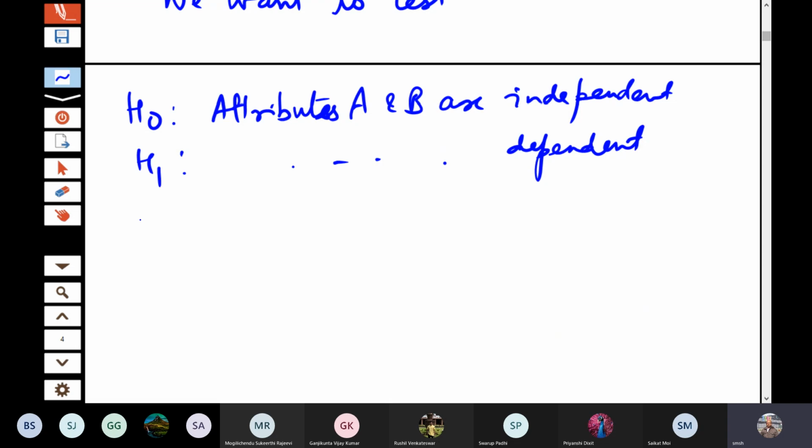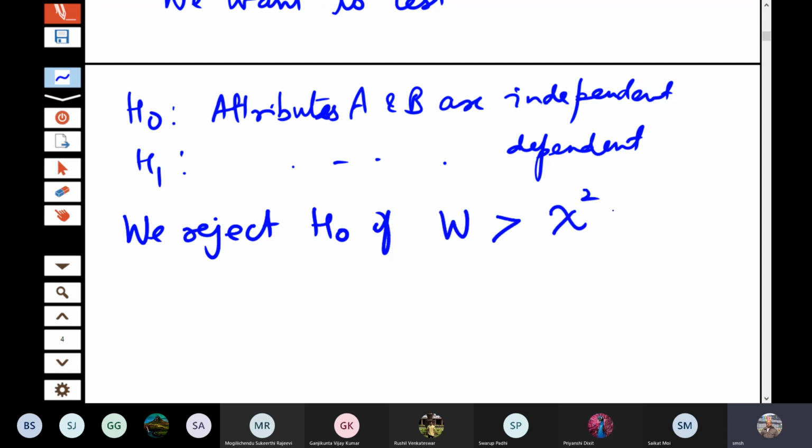Then the test is we reject H naught if W is greater than chi square alpha R minus 1, C minus 1.